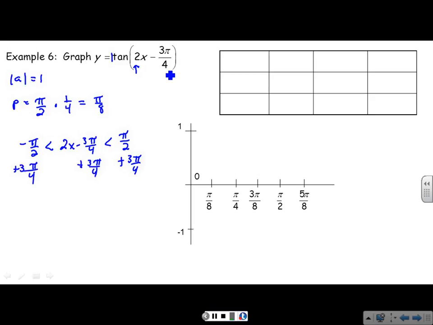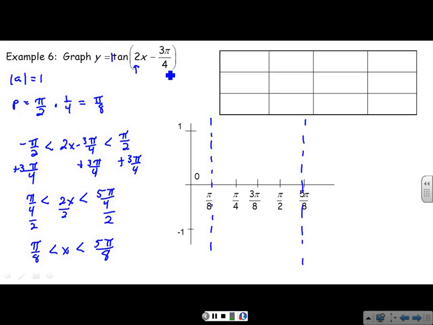When we do that, we get pi over 4 here, then 2x, and then 5 pi over 4 here. Then we divide everything by 2, and we get pi over 8 is less than x is less than 5 pi over 8. And so that's our asymptote. So we have an asymptote here, and we have an asymptote here.